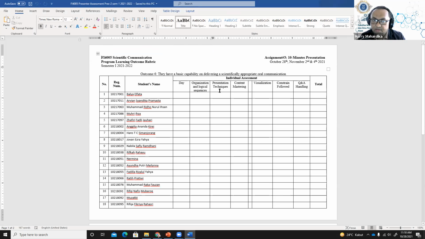Then you have to evaluate whether the presenter uses excellent presentation technique in terms of the language, the way he opened his talk, the way he transitions from one section to another, and the way he ends his talk in the last part of his presentation. And also you need to evaluate whether the presenter is mastering the content.